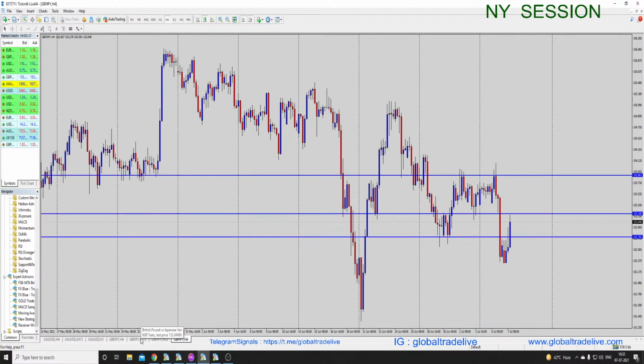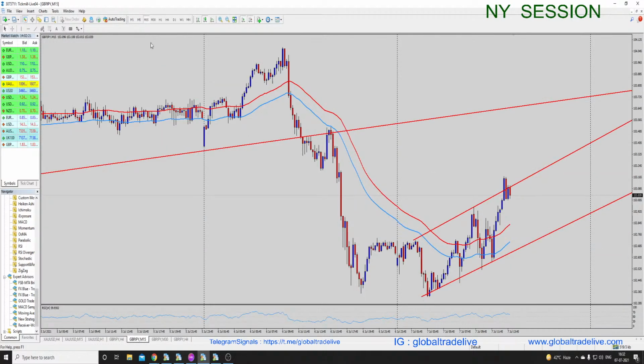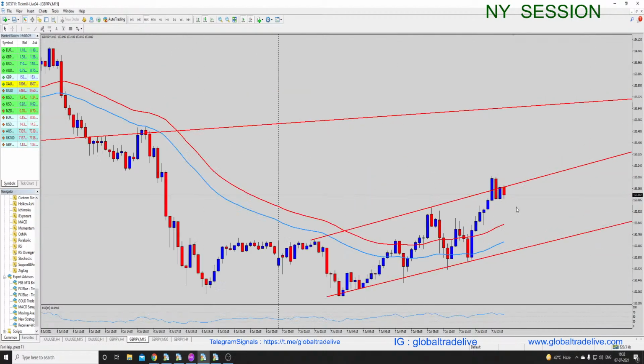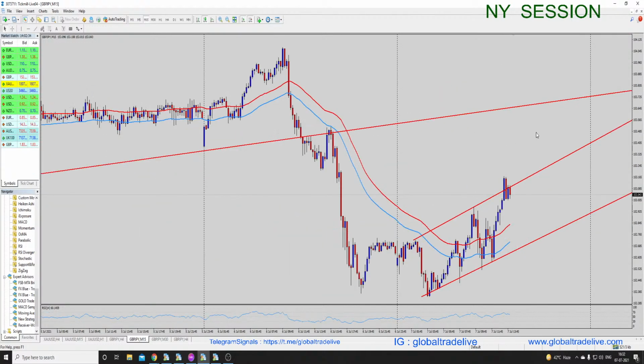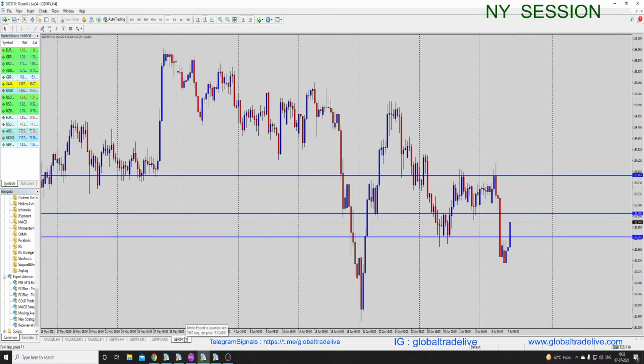The 4 hour is also bullish. So if this 15-minute candle breaks the low over here, then how far can we go? I think that will be a risky trade. Yeah.